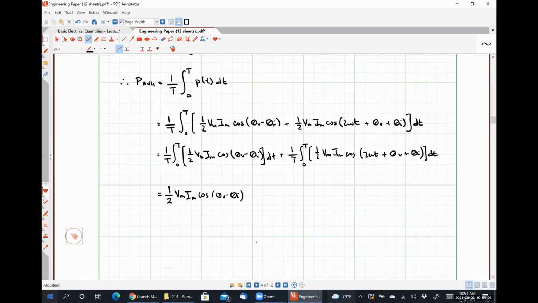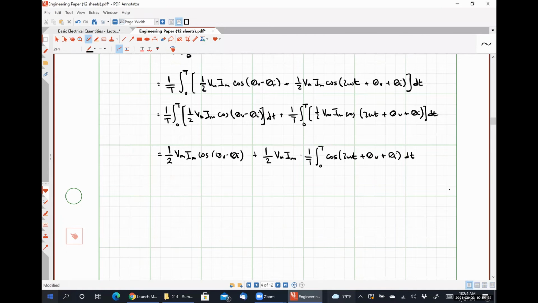Let's write that down here. 1/2 Vm Im times 1 over T integral from 0 to T of cosine twice omega t plus theta v plus theta I dt.